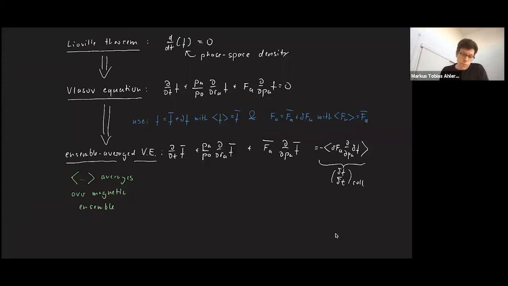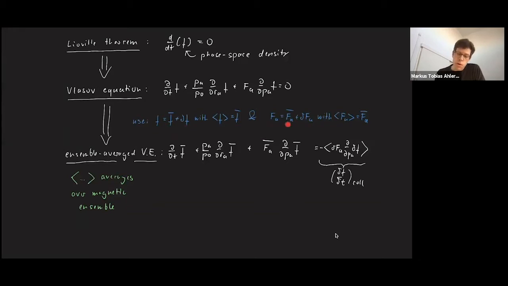When we're looking for the evolution of the phase-space density, I can now decompose the phase-space density F into a component corresponding to the ensemble average. I use this new notation, the bar: F bar means the phase-space density in the ensemble average. And this has a small correction, delta F, which is the difference between F and F bar.